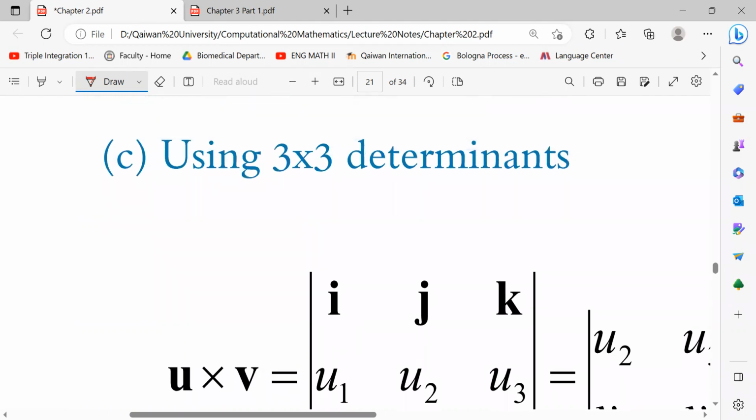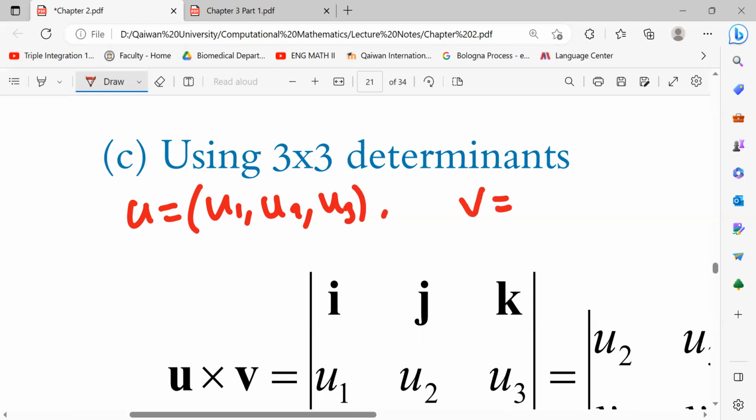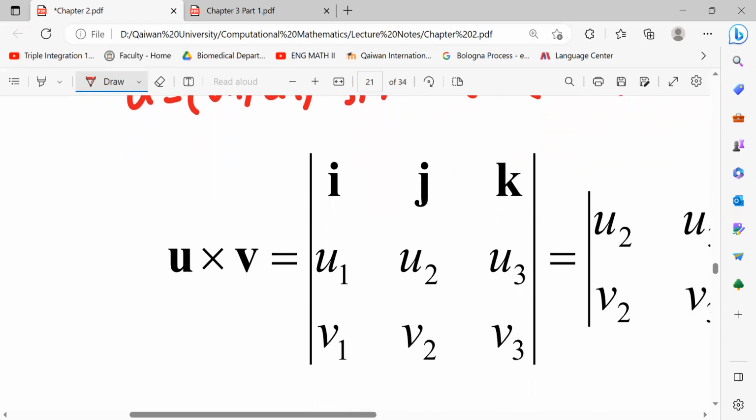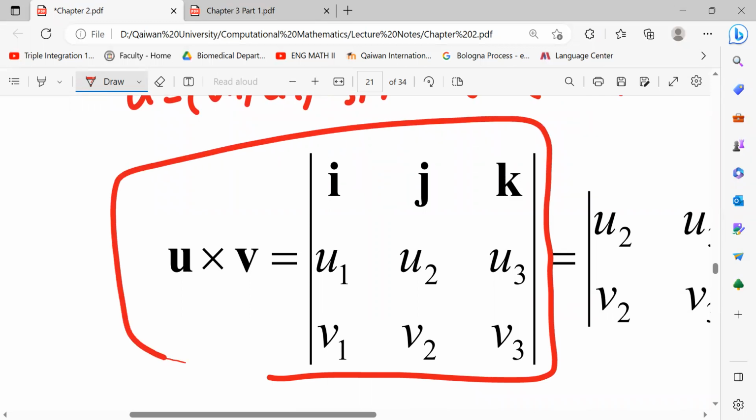Here u is u1, u2, u3 and v is v1, v2, v3. For the cross product of these 2 vectors, first you need to find this determinant. It's easy. Just find this determinant and you get the cross product of those 2 vectors.